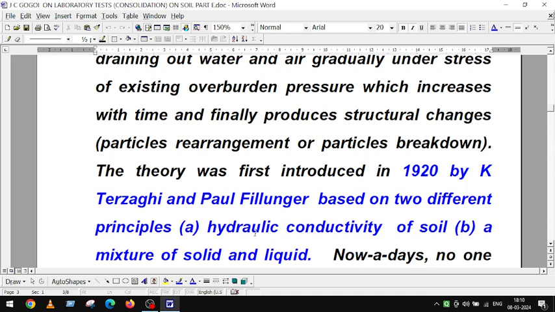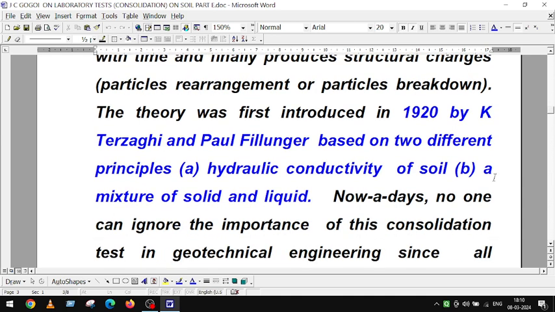These are both different concepts. Putting both concepts together, the final output was the consolidation test. Nowadays, no one can ignore the importance of the consolidation test in geotechnical engineering and construction engineering too.